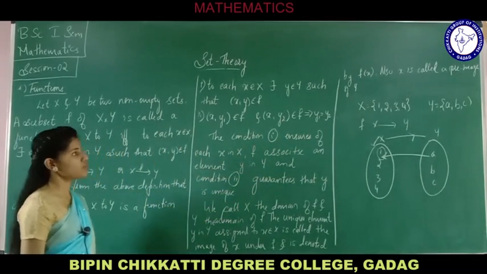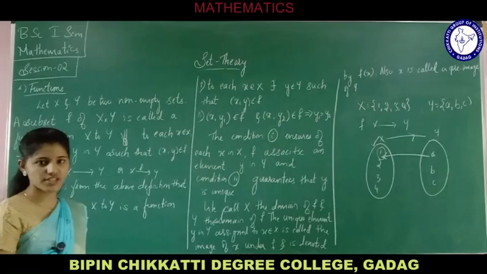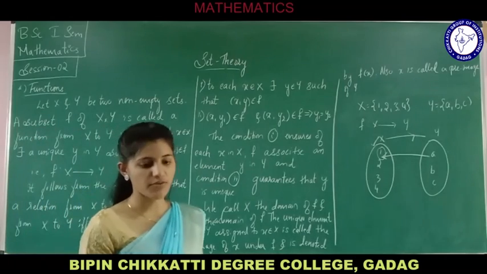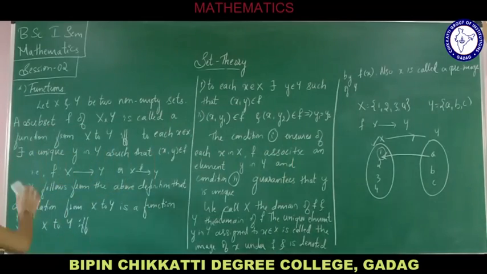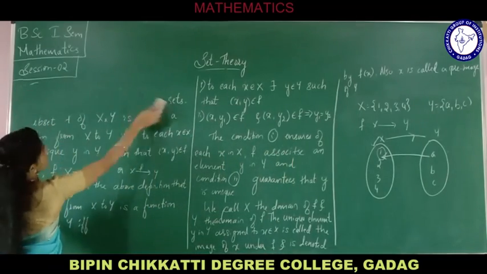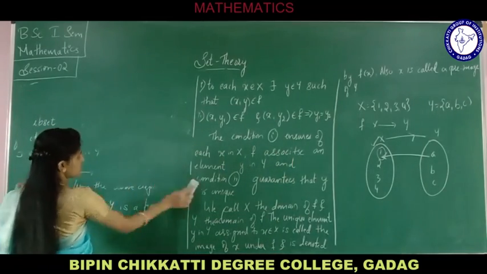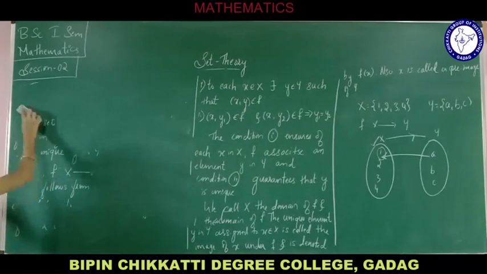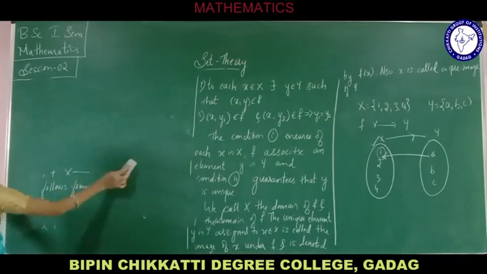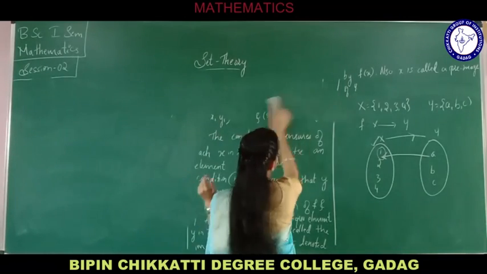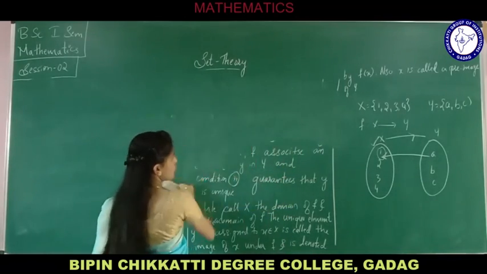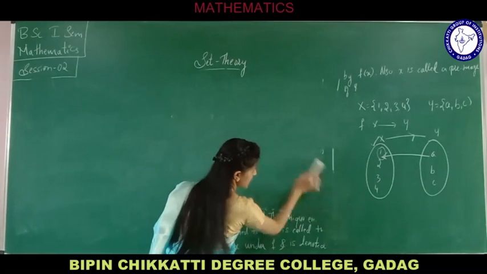So, now let us study the types of functions. The first type is the one-one function, or injective function. Then the onto function, and if a function satisfies both one-one and onto, it is called a bijective function.